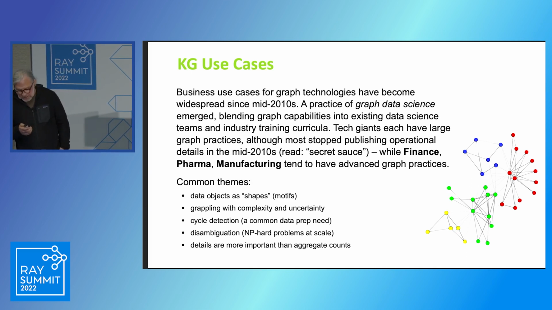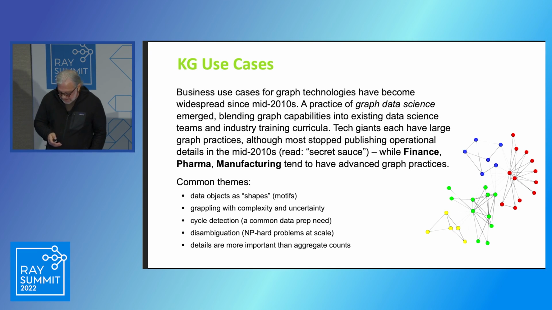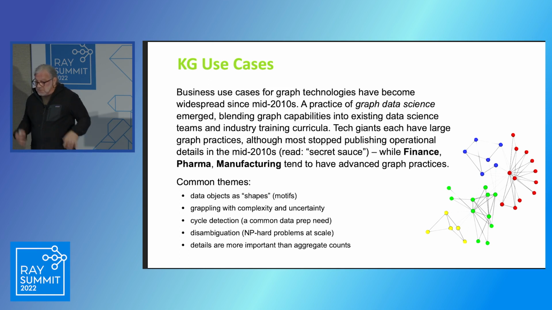I got a good measure of that by hosting Metadata Day, a couple of those that came out of LinkedIn a couple of years ago. Some of the problems that we see are being able to work with motifs, or subgraphs, and handle these as a unit of work or a data object.